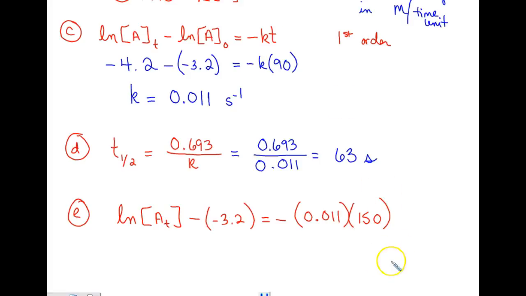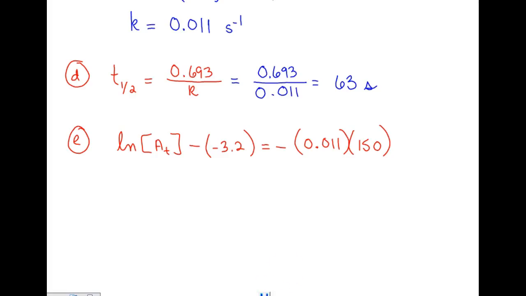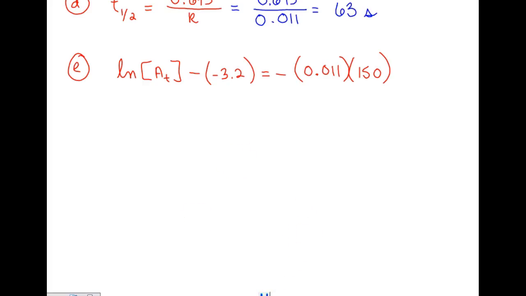Alright, now I'm going to write out the algebraic steps for you because you may not know how to solve a natural log. Let's shorten this down just a little bit. Okay, so I'm going to combine my like terms. I'm going to change that minus and negative to plus and positive. And then negative 0.011 times 150 gives me negative 1.65.